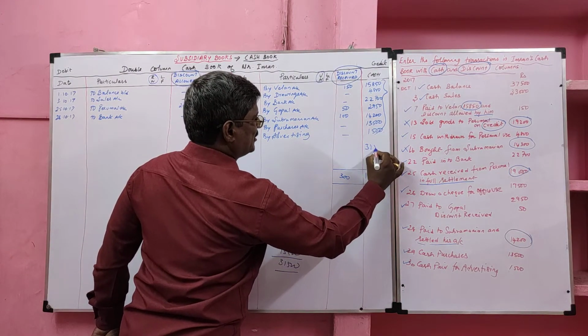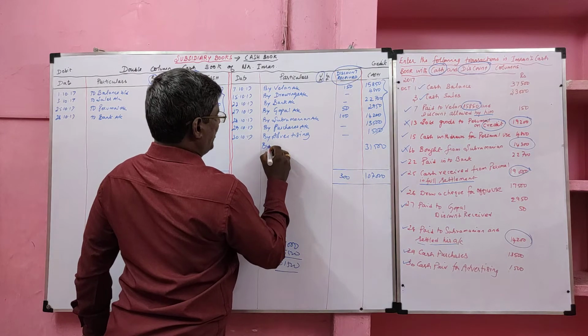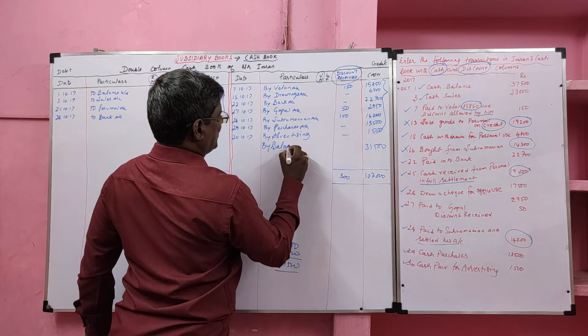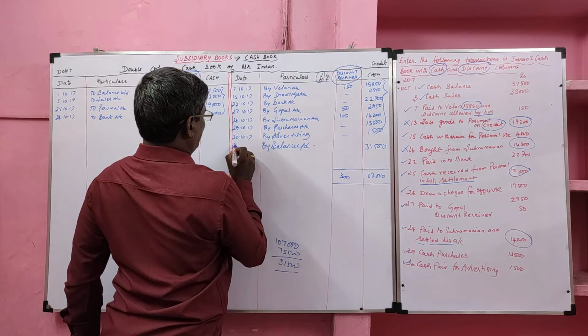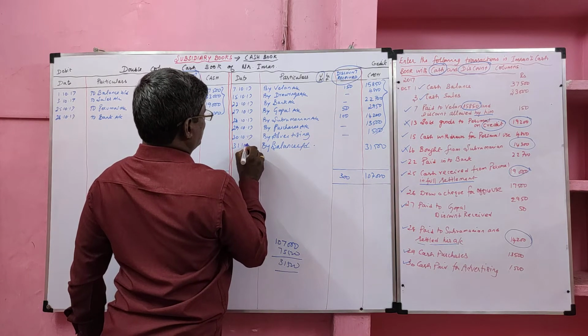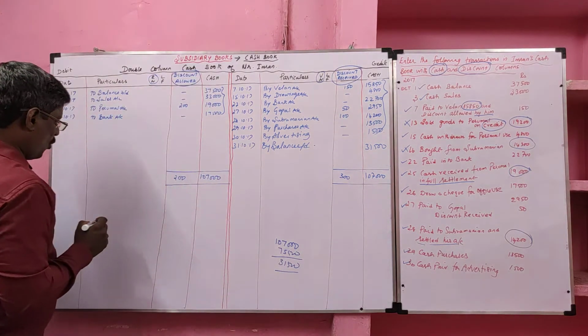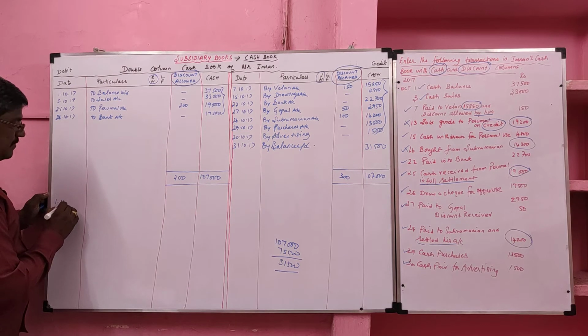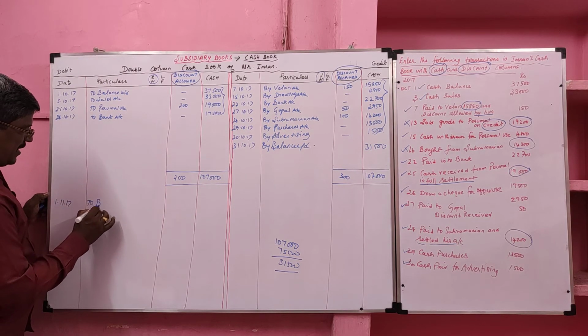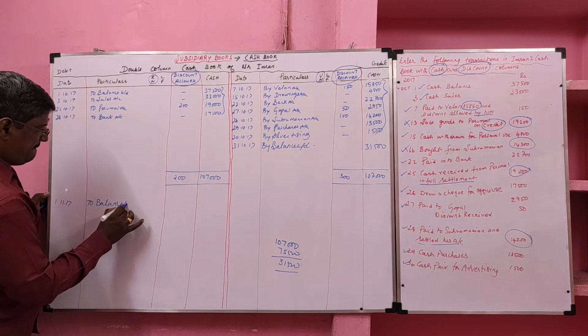The balance 31,500 we record as by balance c/d, dated 31st August 2017. It is then the opening balance, balance b/d, on the 1st of the next month.